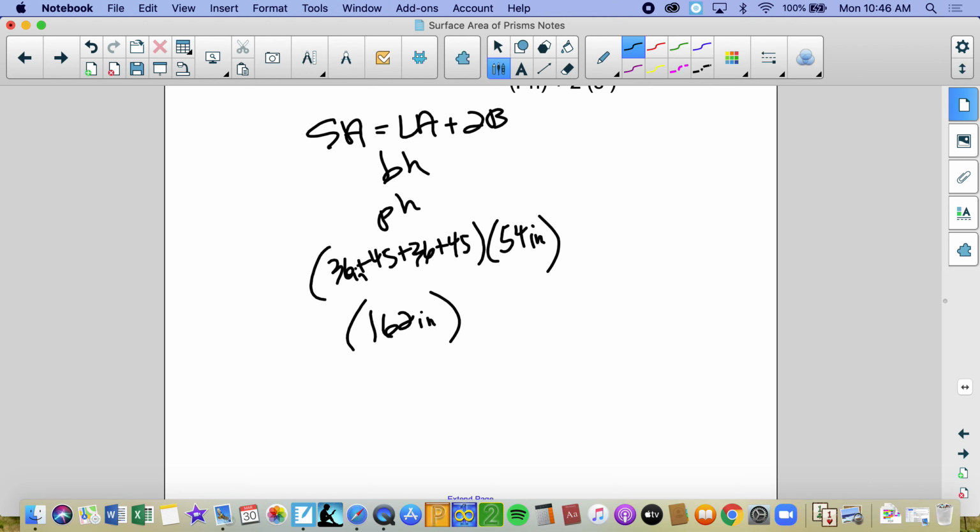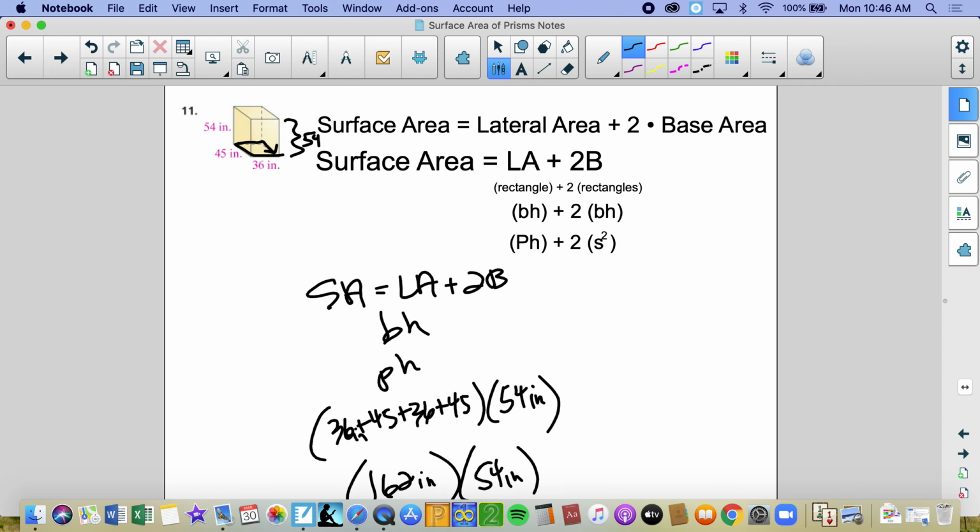And we're going to multiply that by 54 inches. I just did 45 because it says 54, not 45. Sorry, a little dyslexia right there. So 162 times 54 gives us 8,748 inches squared. Now it's inches squared because we're multiplying inches times inches. So that would be just the area of this waist, the waist around, meaning around your body.